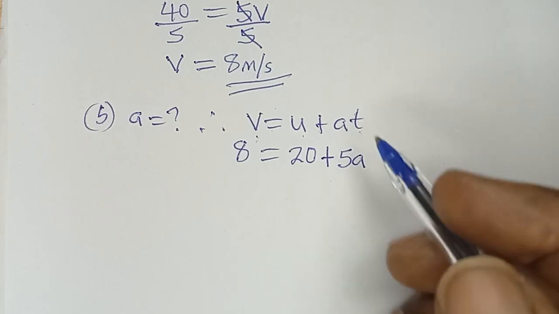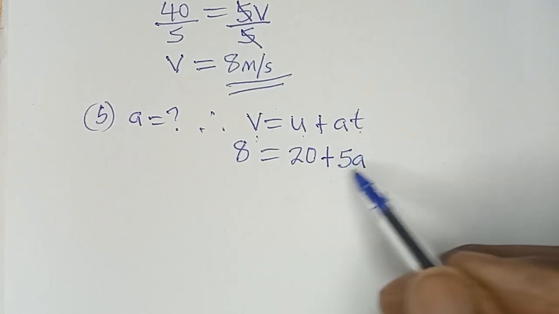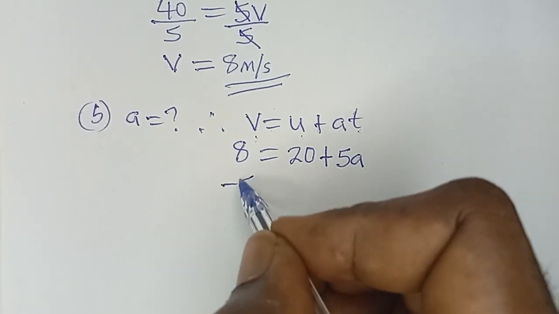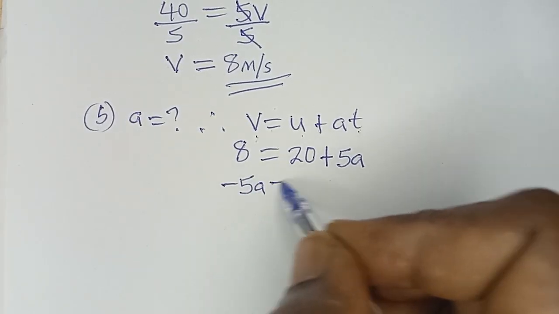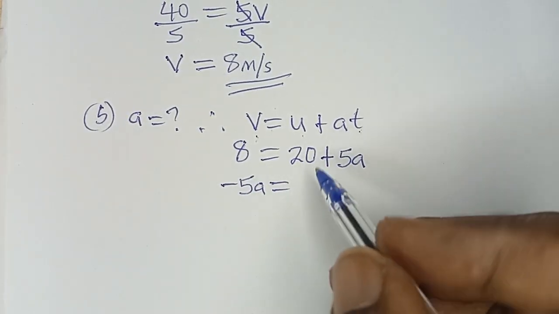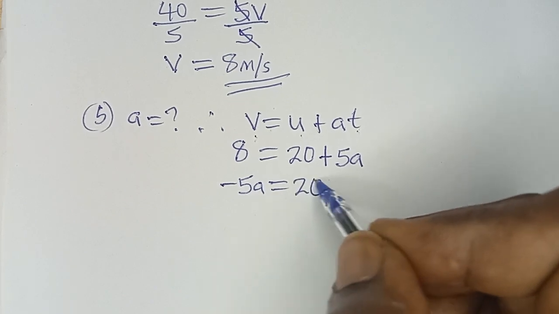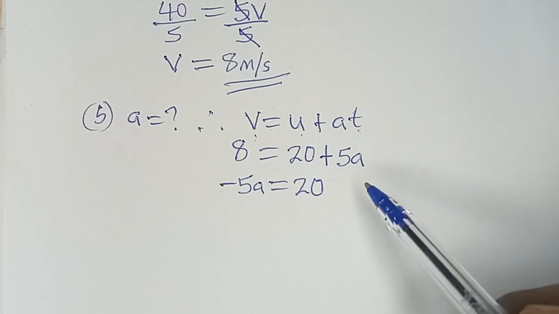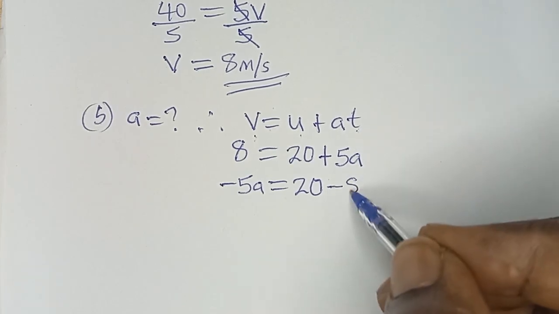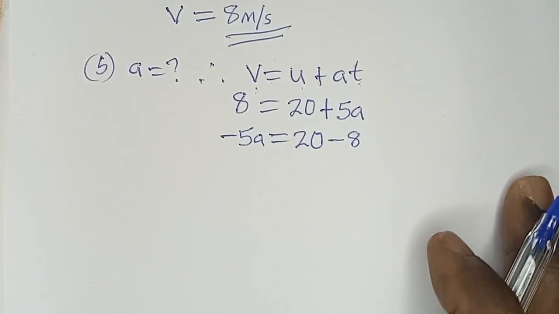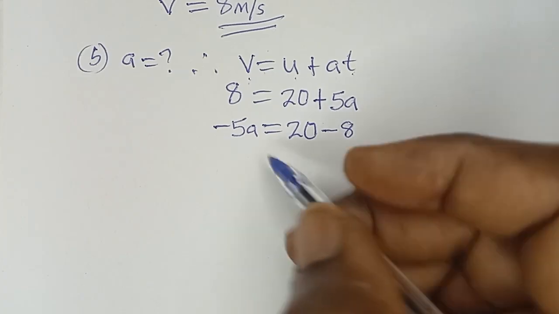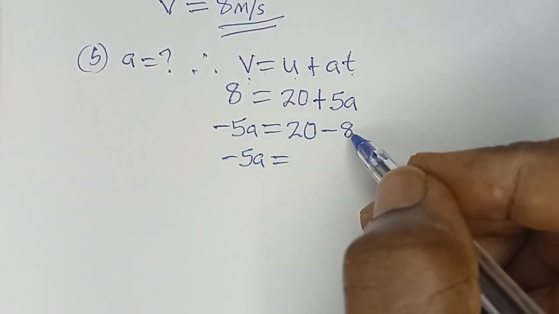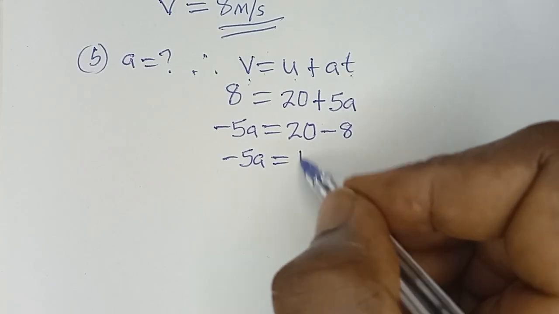So now I can take this 5A to this side to give me negative 5A by collecting like terms. And then 20 is already on this side, so I'm going to write the 20. And then this is positive 8. If it crosses to the right hand side, it becomes negative 8. So that this simplifies now to minus 5A, that is negative 5A, is equal to 20 minus 8 is 12.